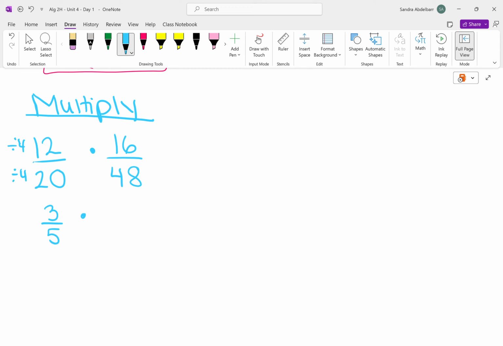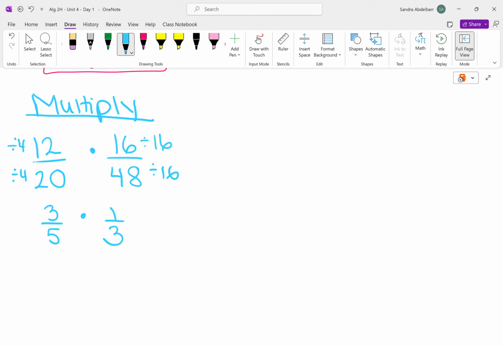Then I can take 16 over 48, and what can I divide by? 16, yes, you're right. So we get 1/3. I always start off by simplifying each ratio by itself.